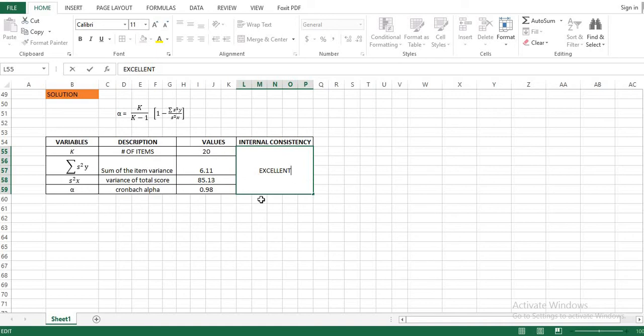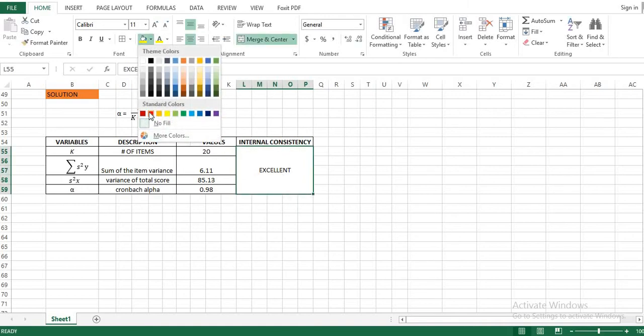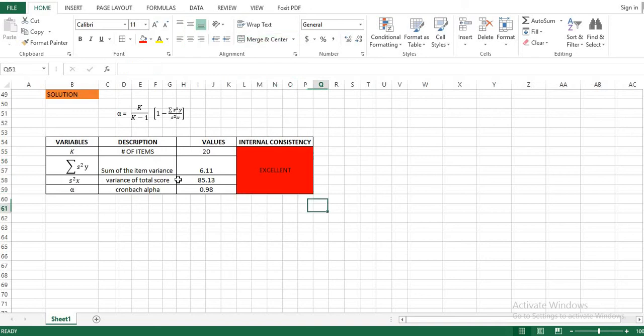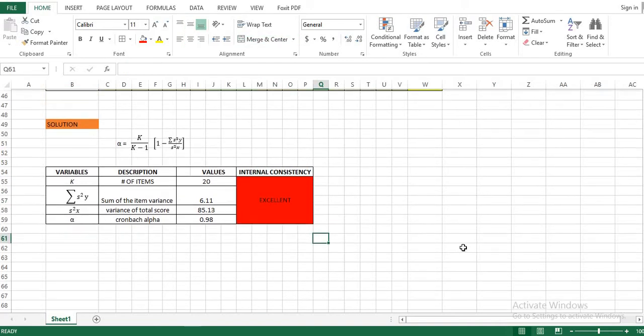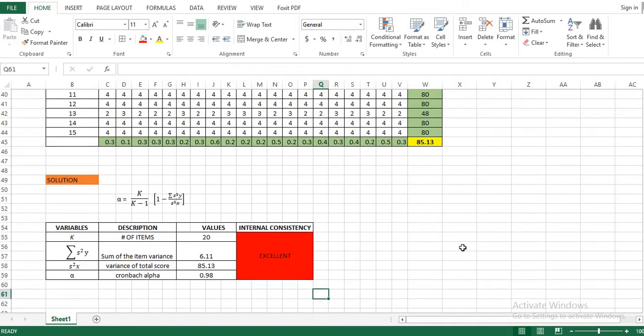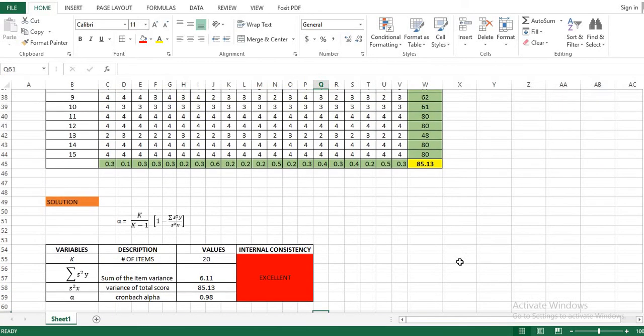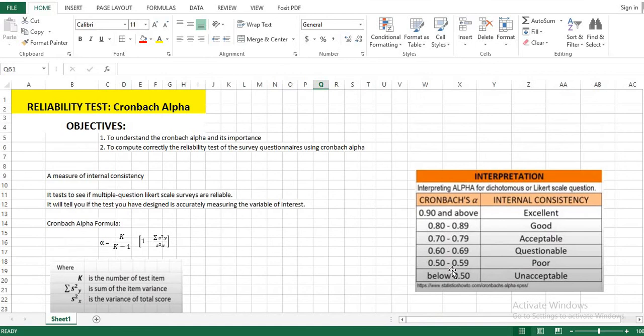Meaning to say your questionnaire is not just good, it is excellent. According to the Cronbach alpha result, it is excellent, and you use these questions in order for you to measure the variable of interest.